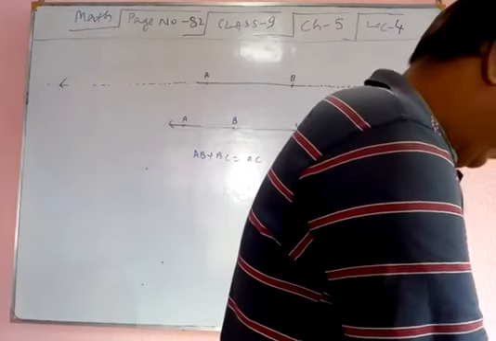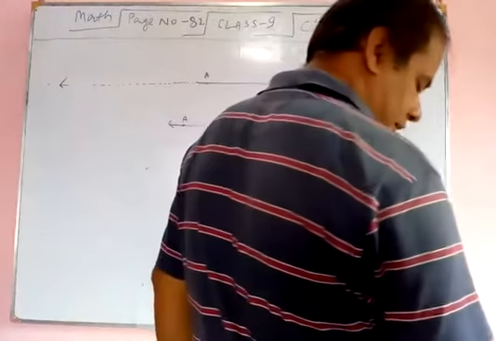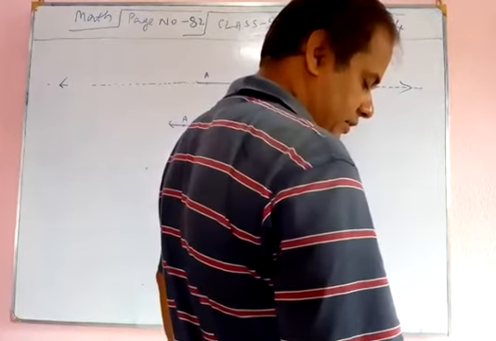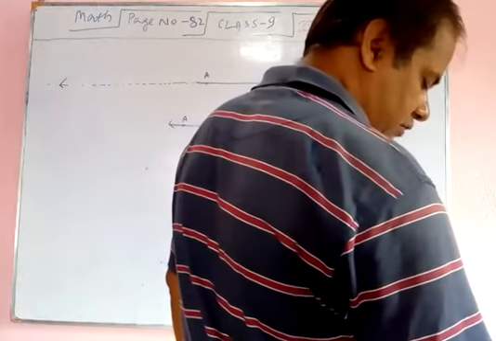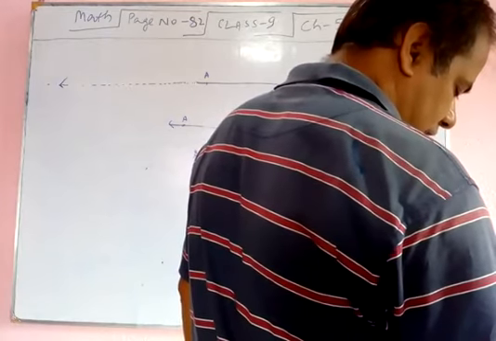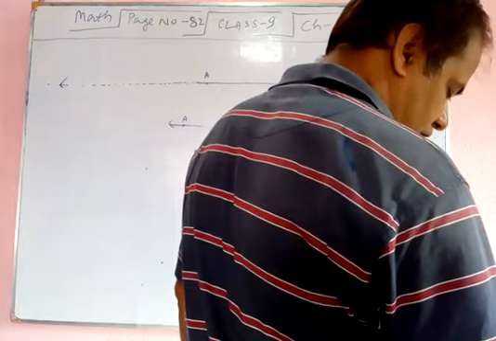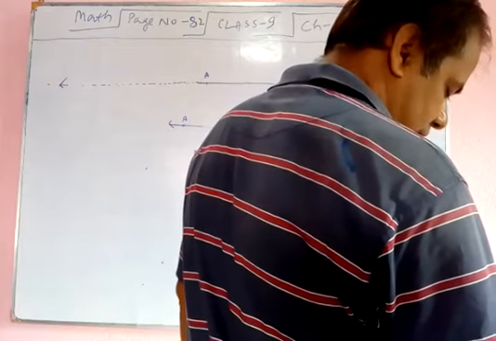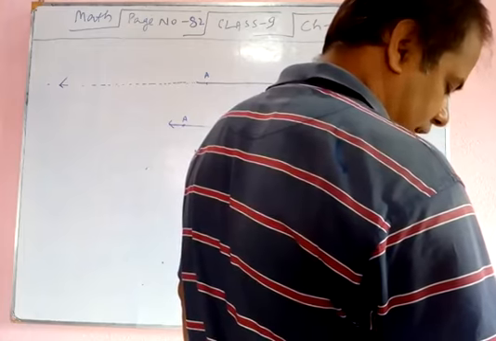Solution. In the figure given below, AC coincides with AB plus BC. Also, Euclid's axiom number 4 says that things which coincide with one another are equal to one another. So it can be deduced that AB plus BC is equal to AC. Note that in this solution, it has been assumed that there is a unique line passing through 2 points.